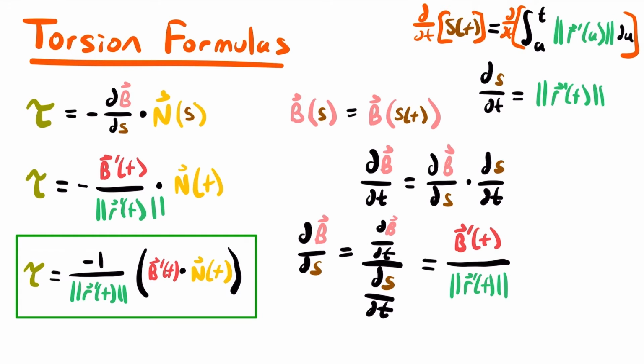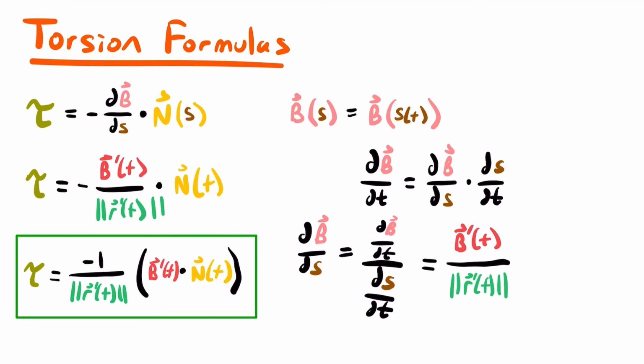And so what we use more often is another formula that results from this formula that we just found. And it looks like this. I'm going to erase our work up here and write down this formula. The way that we are mainly going to calculate torsion is with this formula.